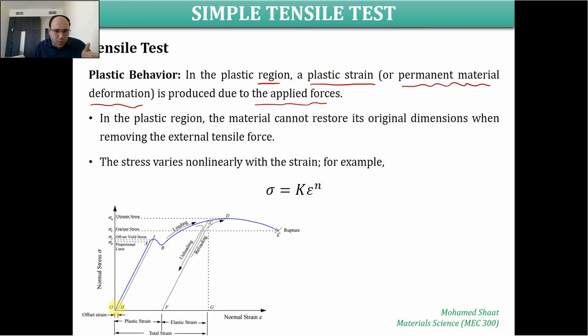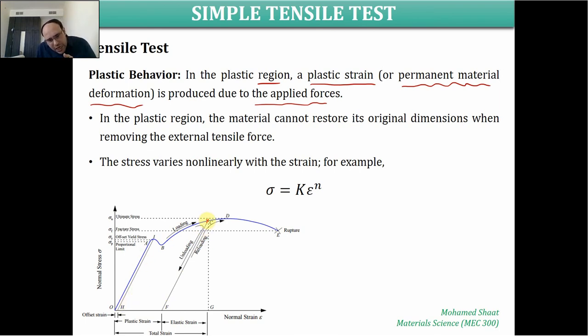As we said, within the elastic region the material can return back, but if we exceed the yield region and move to the plastic behavior, and for example we stop increasing the force at this point and remove the applied load, the material cannot restore back again. Instead, it will move parallel to the original line.